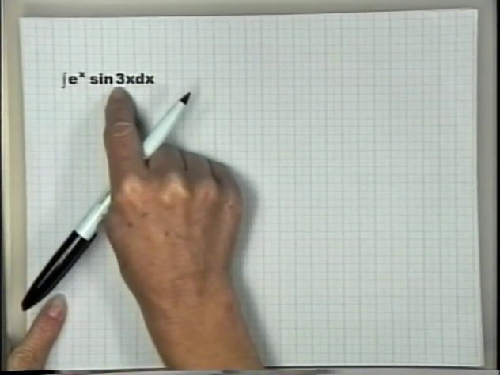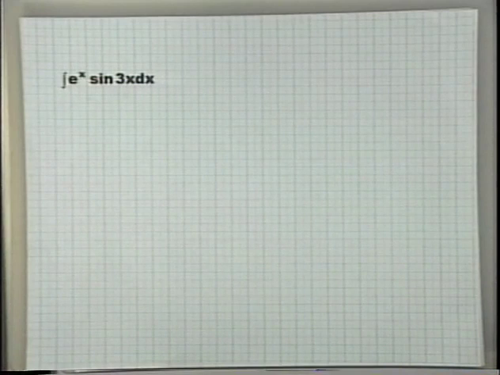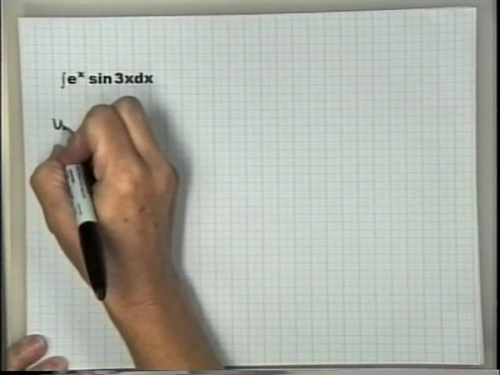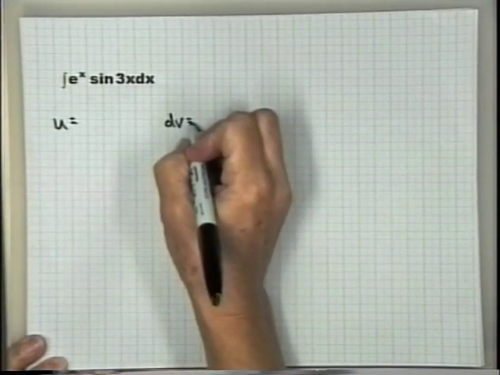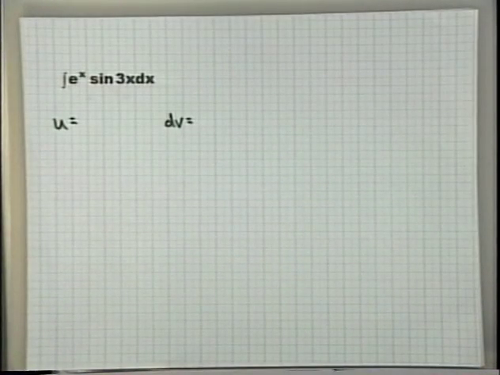Neither one of these functions gets any easier or any more difficult, really, in terms of finding its derivative or its antiderivative. As it turns out, for this particular one, you could choose u to be either the e to the x or the sine 3x, and it really doesn't matter. The problems will be pretty much equally difficult.